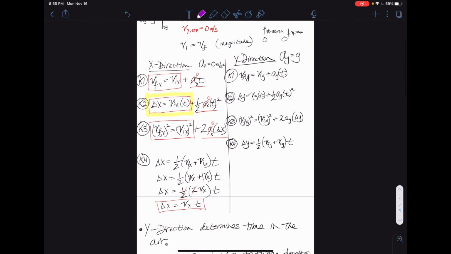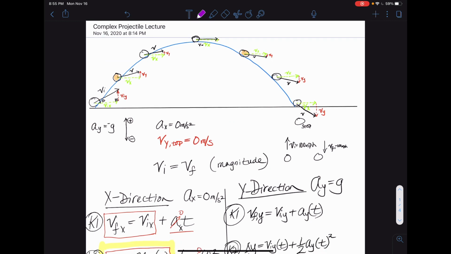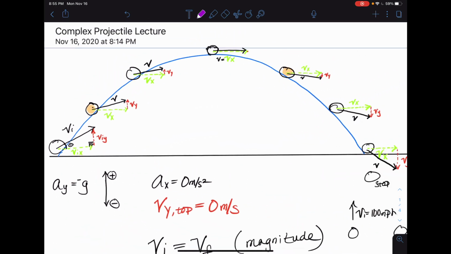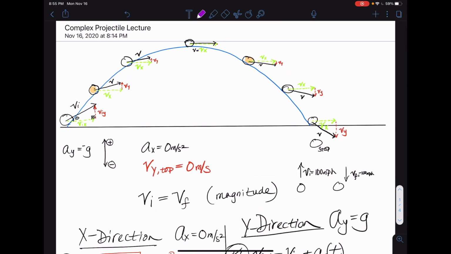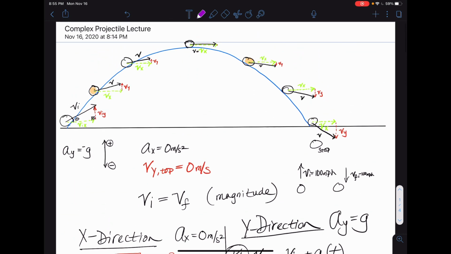So we have a picture of projectile motion that's complex because it starts with an initial y velocity in addition to an initial x velocity. We see that Vx doesn't change. We see that Vy decreases on the way up and increases on the way down because acceleration points downward. We see the symmetry of a projectile.